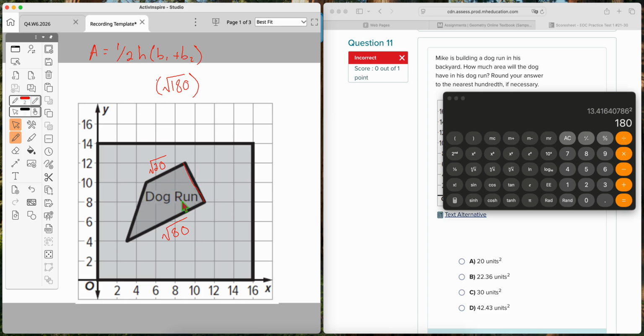Otherwise I'd have to draw a line here, and that would be more difficult. Length of this side, I go up 4 over 2. We actually used that here, right? This was 4, that was 2, yeah. So this is going to be the square root of 20 as well. So the height is the square root of 20.